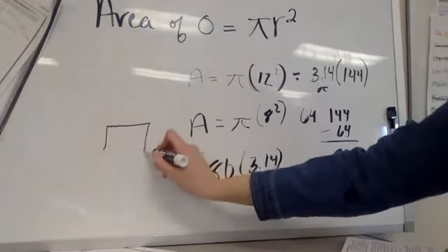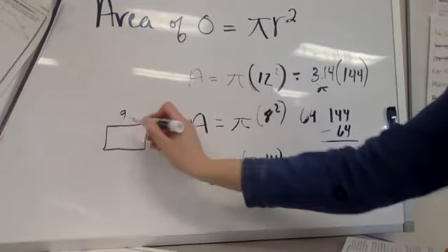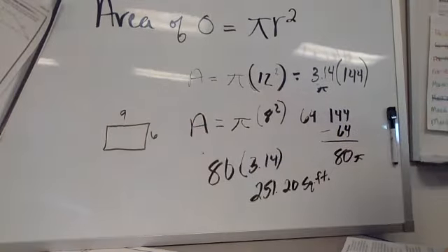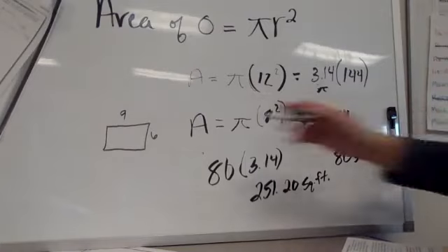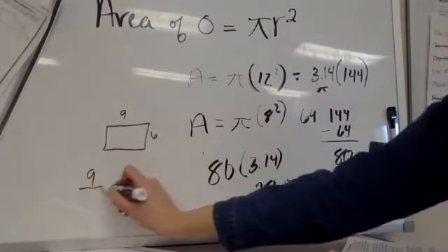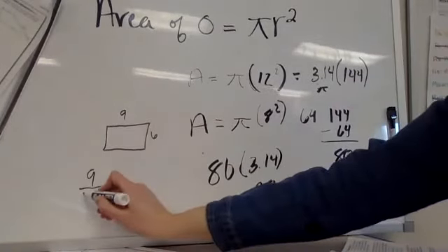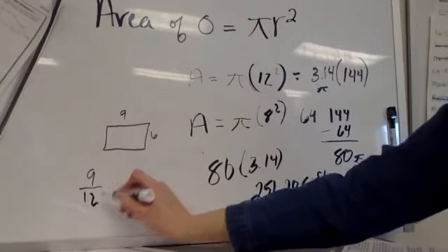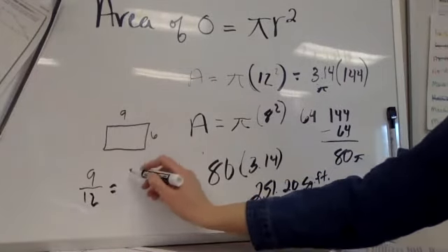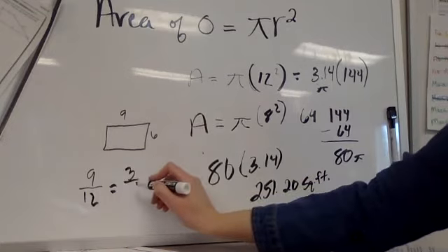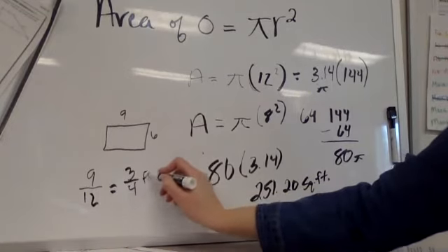So sometimes it's helpful to draw a picture. So if this is 9, this is 6. How many paving stones will he need? If you look at it this way, you're gonna go 9 inches. So how many inches in a foot? 12. So 9 out of 12 is 3/4 of a foot, okay?